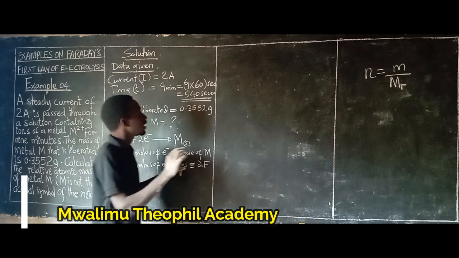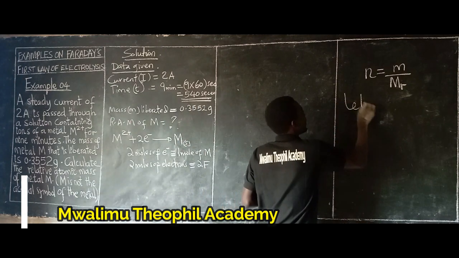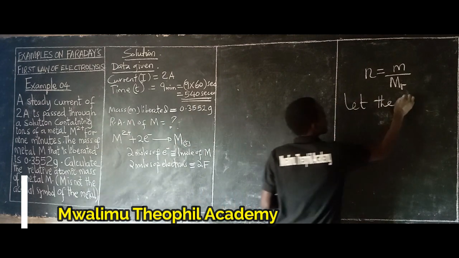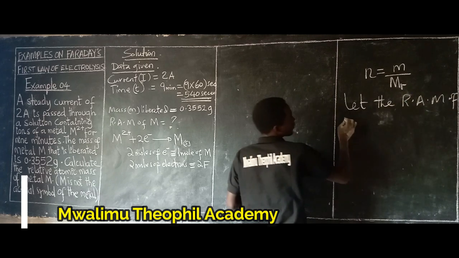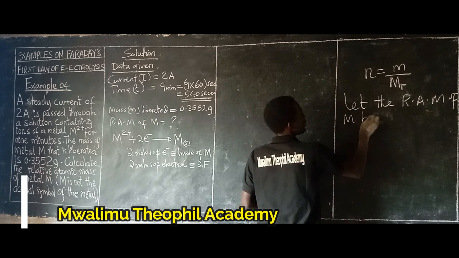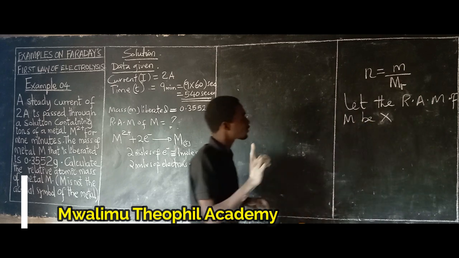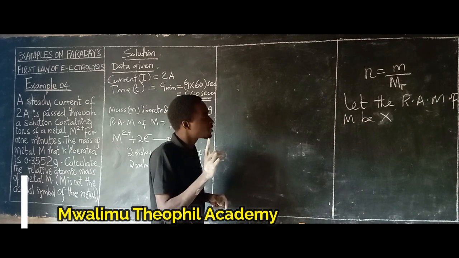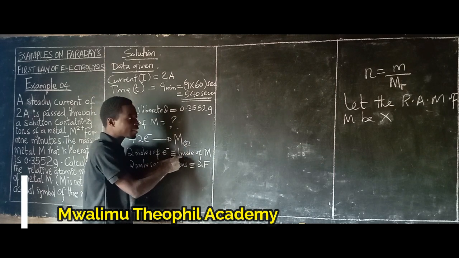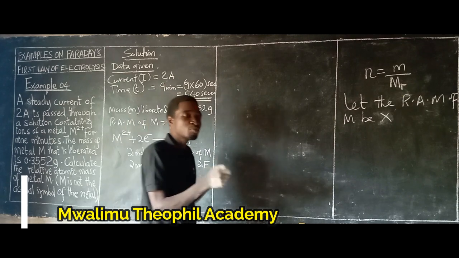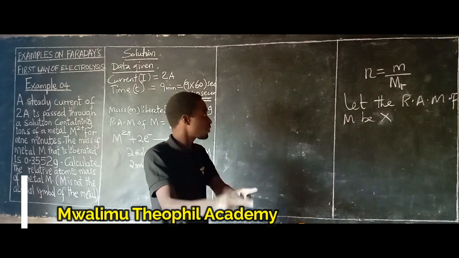Now it means that if we let the relative atomic mass of M be X, for it to give us 1 mole, its mass is equal to the relative atomic mass.